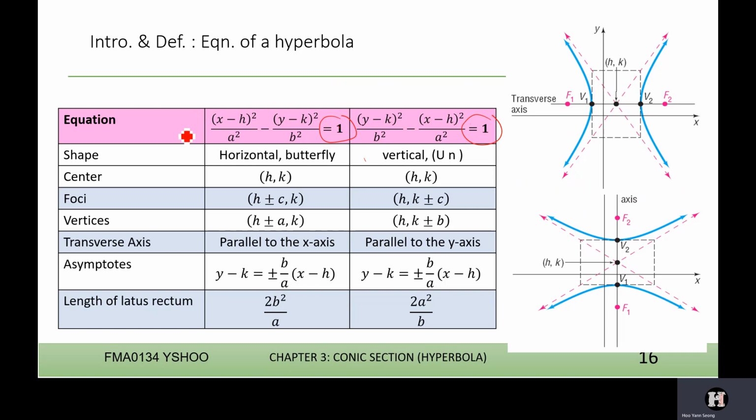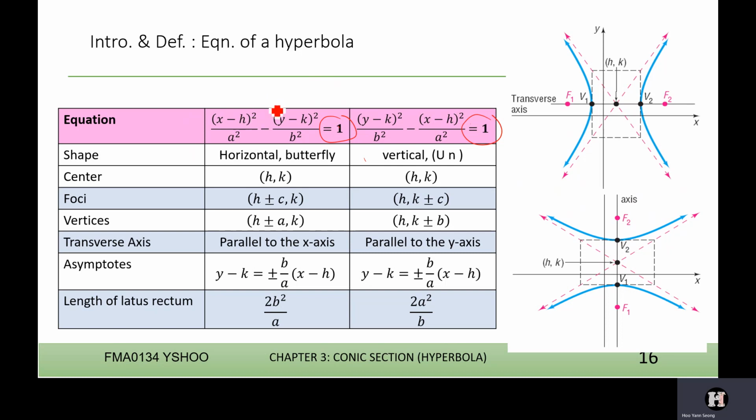This is the way you can easily recall the shape. And if you have y in front minus x, you're going to have a vertical, the one you can call a smiling face and a sad face, or in standard terms, opening up and down. So that is the shape.